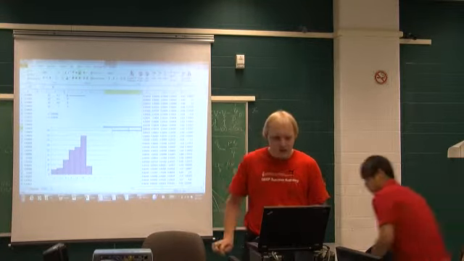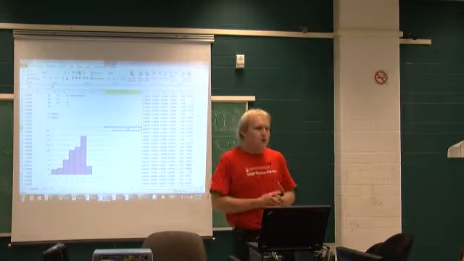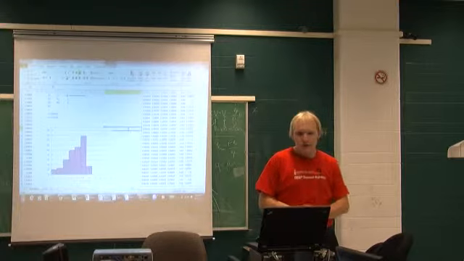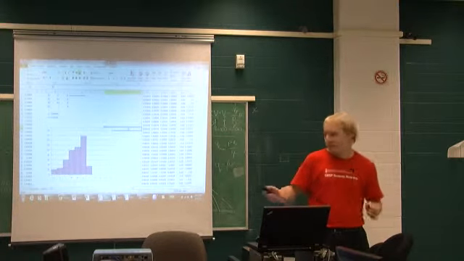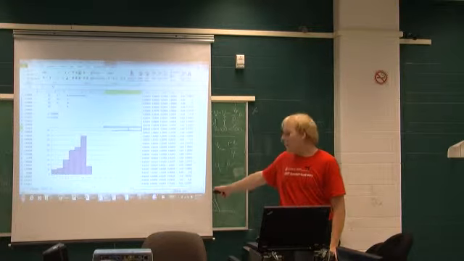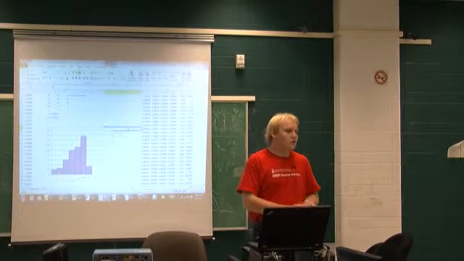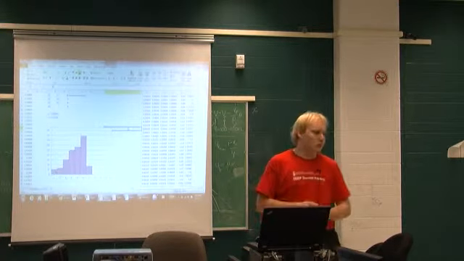Okay. You'll notice something else about it. It's not symmetrical. All of our other histograms were approximately symmetrical. This is not. Within the range that we have, which is 0 to 0.7, we have more data in the 0.7 end of things. So that's what's called a skewed distribution. Skewed meaning basically not symmetrical.